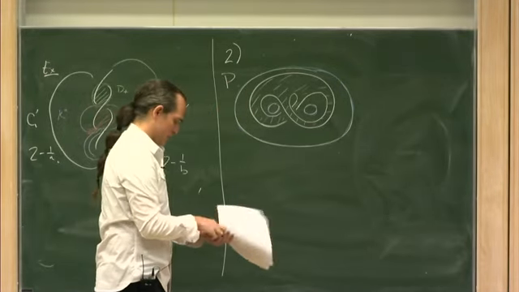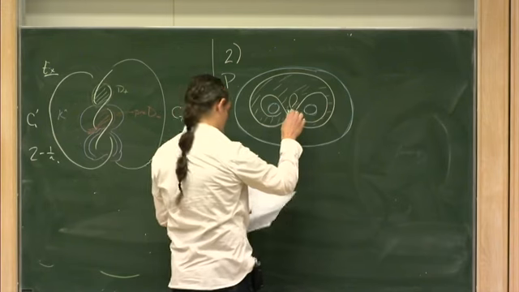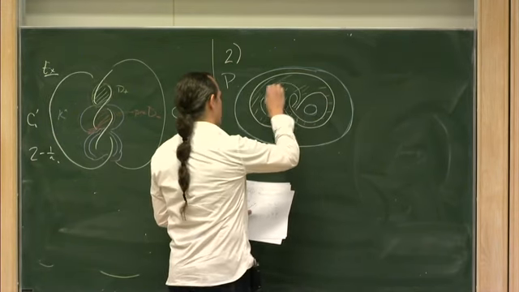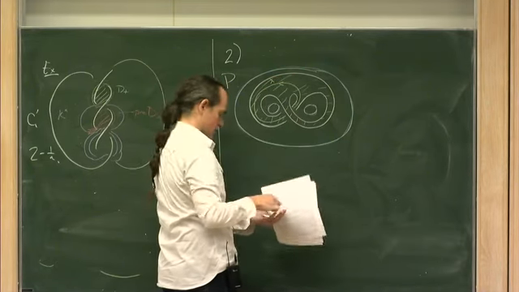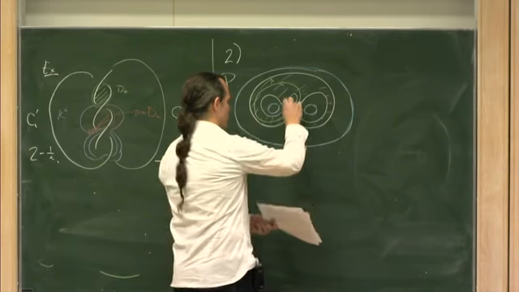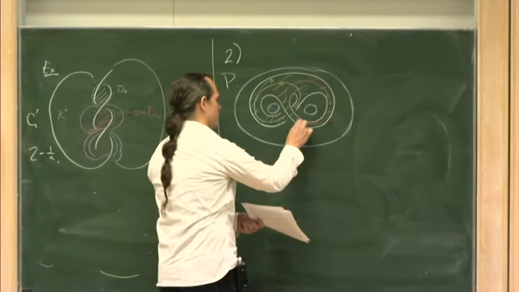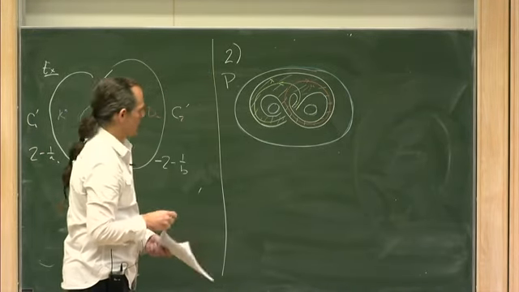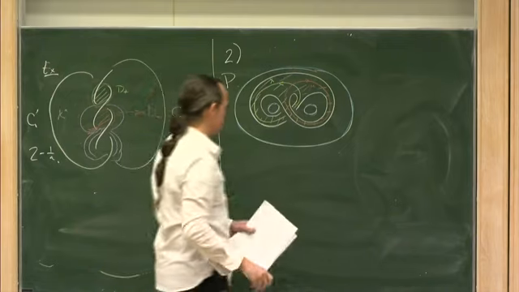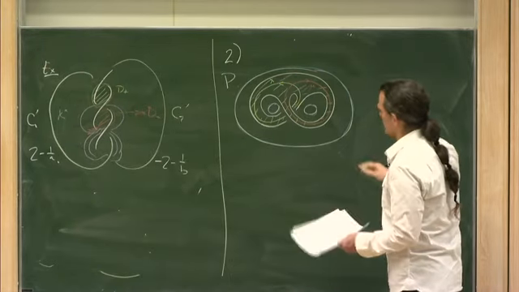And let me draw some basis curves on there. So I'm going to let this here, and I'll let that be lambda. And let's take this other one over here to be mu.